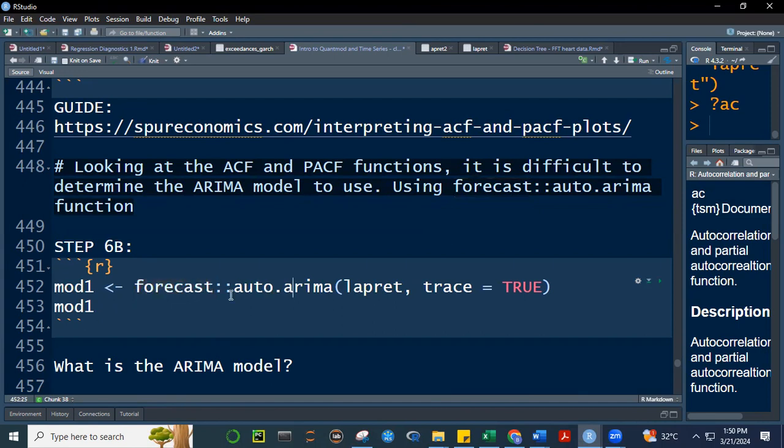The function is auto.arima, with the log return, and we'll set trace equal to TRUE, because it will give us all the steps. It will tell us how it arrived at the final model. Then we print that output.